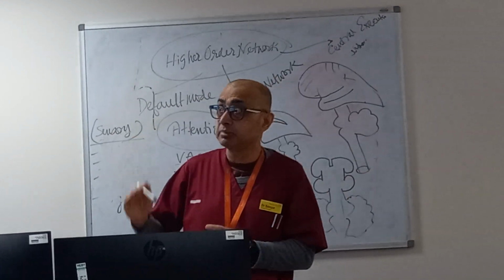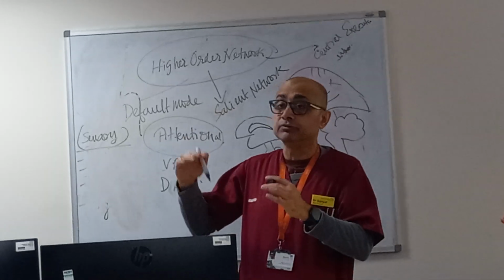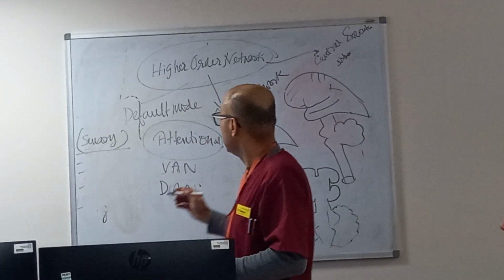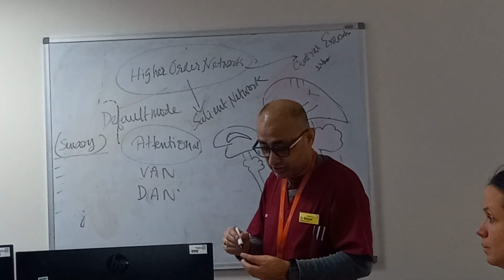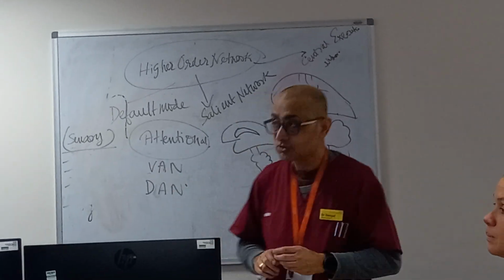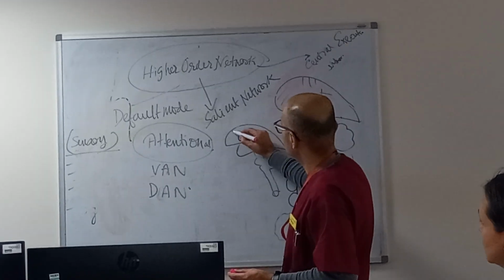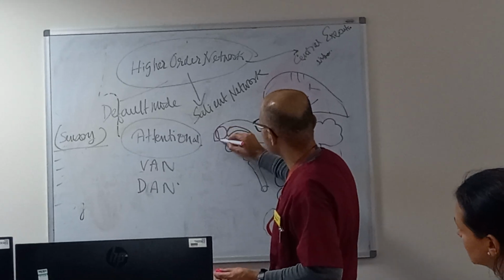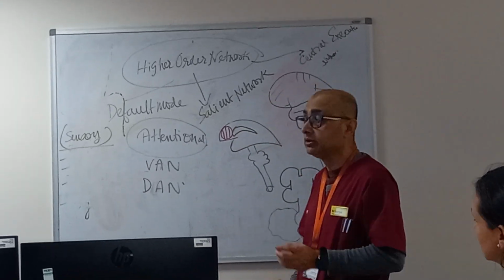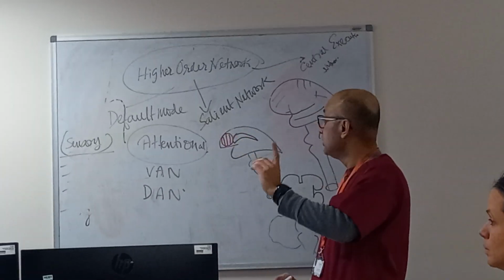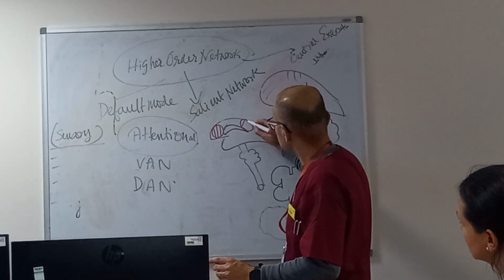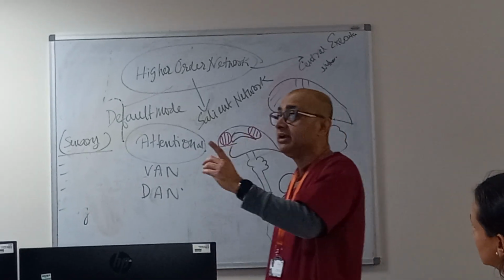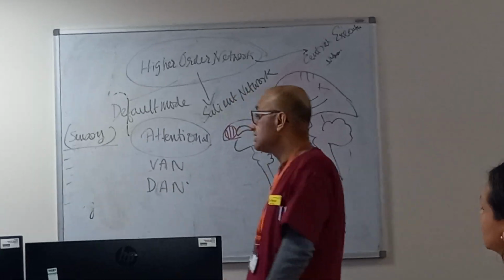The part of the brain which is active when this network is working is the medial prefrontal cortex. So that's why I've drawn this. So medial prefrontal cortex. Second is the posterior cingulate cortex, so it would be around here. And there is the angular gyrus and precuneus.